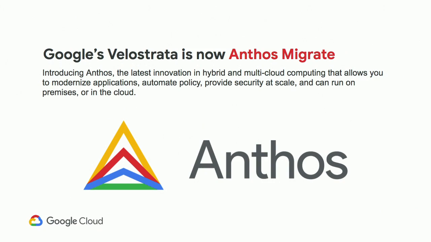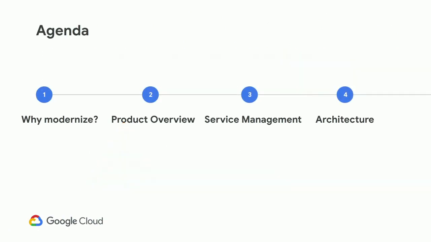And it's the same thing. So if some of you are familiar with Velostrada, migration of VM to VM, lift and shift, now we have a new functionality where we also migrate to containers, to GKE. And both of these Velostrada functions are called Anthos Migrate. So it's the same thing, and I hope this clears it up.